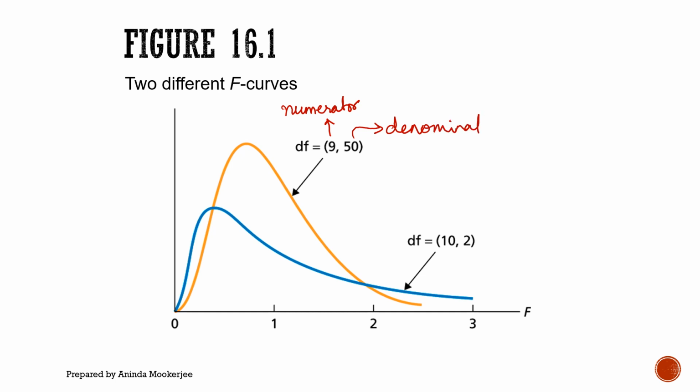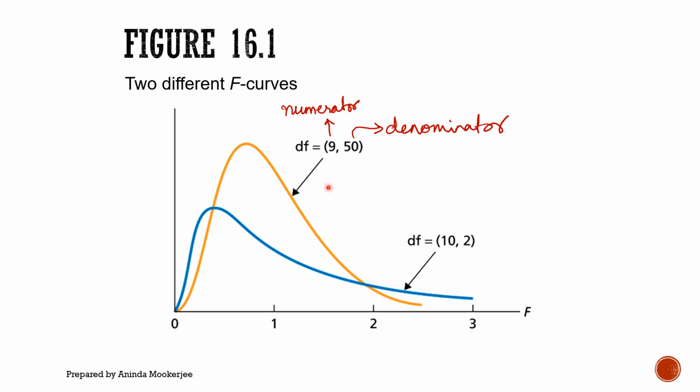There are formulas to calculate the numerator value and the denominator value, which we will learn about later. For the orange curve, the DF is 9, 50, and for the blue one, it's 10, 2.